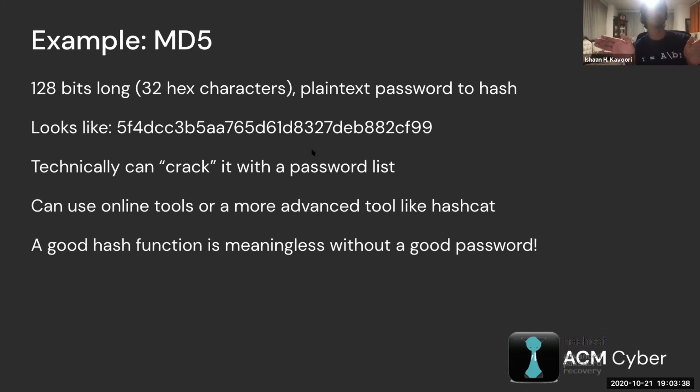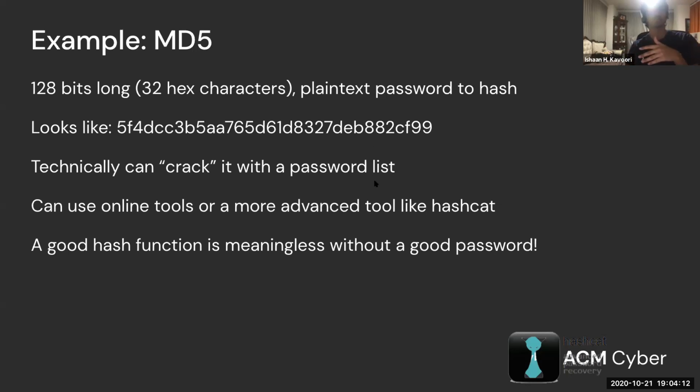Technically, although you can't reverse something like this, you can crack hashes like this if you have a password list. There are plenty of tools online that have a database of known passwords and their resulting hashes. If you have a hash of your own, you can input it into that tool, and it'll say, okay, this is the password that I know of that matches this hash.